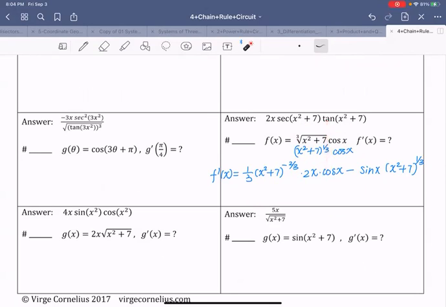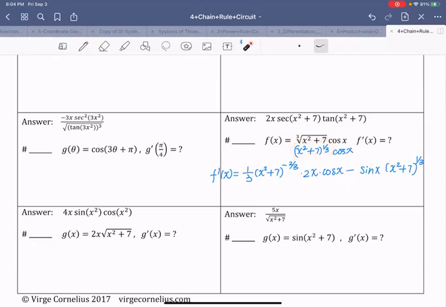So you will do the product rule. Product rule, you do this guy derivative times this guy copy down plus this guy copy down times this guy derivative. So when you do this guy derivative, you have to carry on the chain rule.